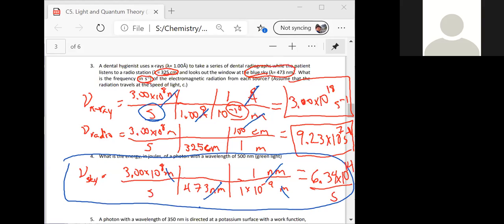Okay. Yeah, that's what I got. Oh, wait, no. I got 6.35. Oh, okay. Oh, I see what I did. I put 4.72 times 10 to the negative 7 instead of 4.73 times 10 to the negative 7 when I divided the speed of light by that.